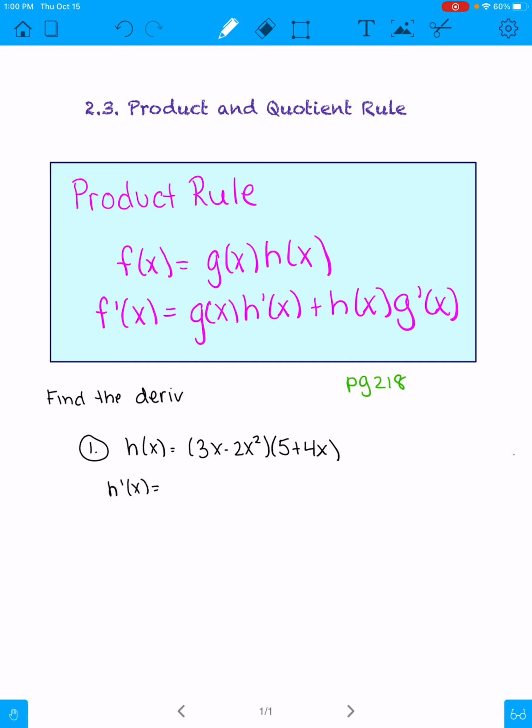So the first derivative is the first expression, 3x minus 2x squared, multiplied by the derivative of 5 plus 4x, which is 4. Then I'm going to take 5 plus 4x and multiply it by the derivative of the first, and that's 3 minus 4x.